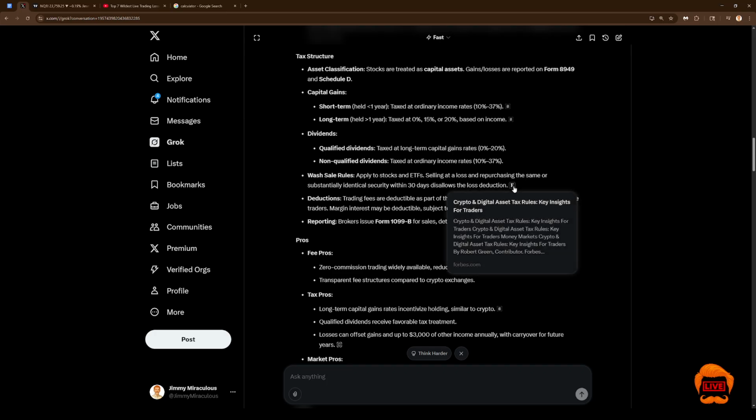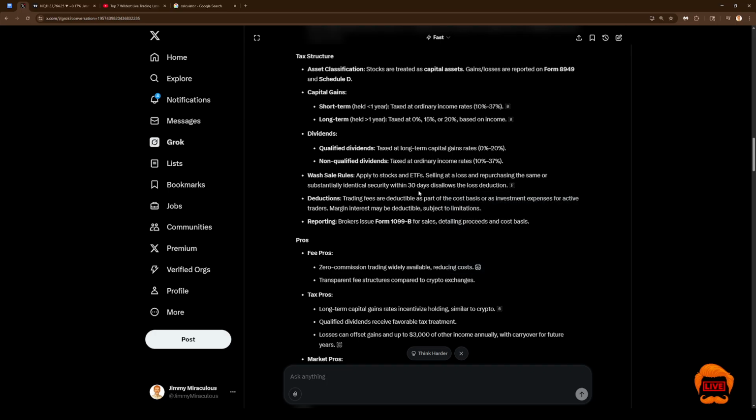Selling at a loss and repurchasing the same or substantially identical security disallows the loss deduction. Oh. Okay. I don't look at this as a big deal.